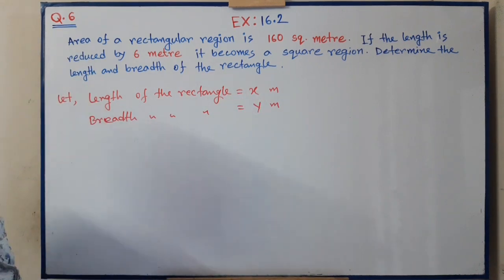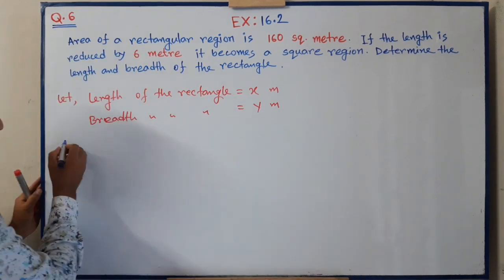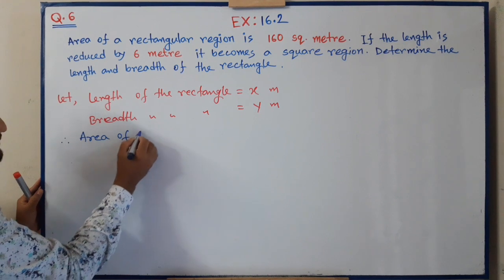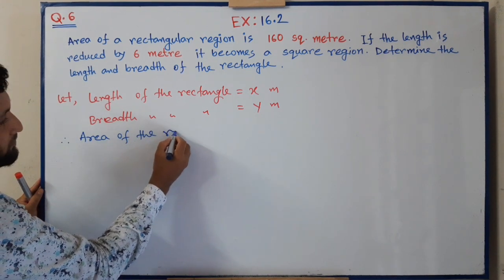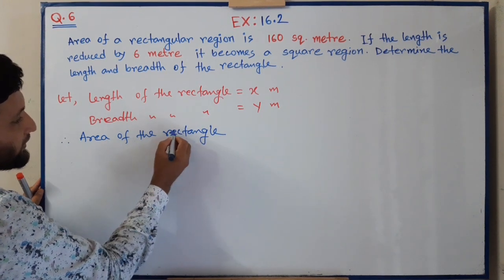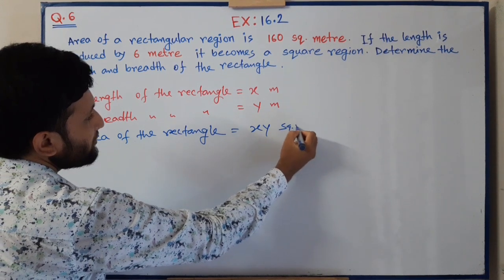So we know area of the rectangle is length into breadth, so also we can write area of the rectangle is equal to xy square meter.